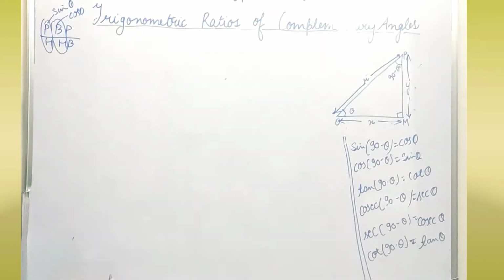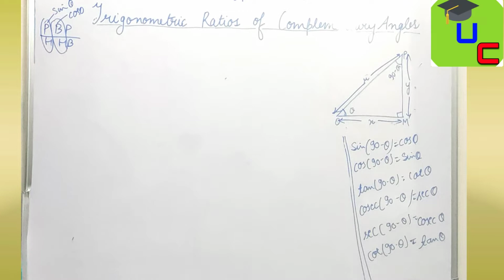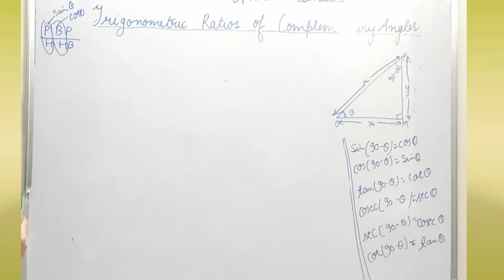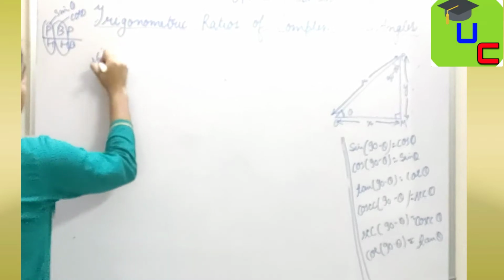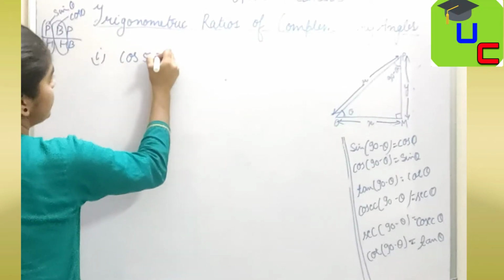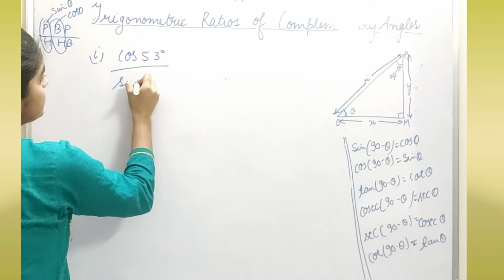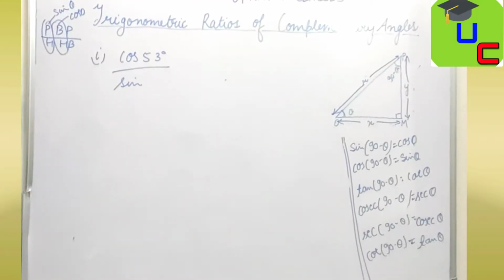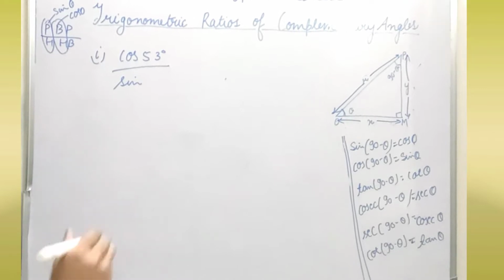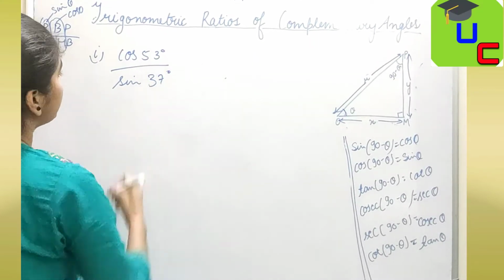Okay, without using the trigonometric table, just solve this. Evaluate this question: cos 53 and sin 37.